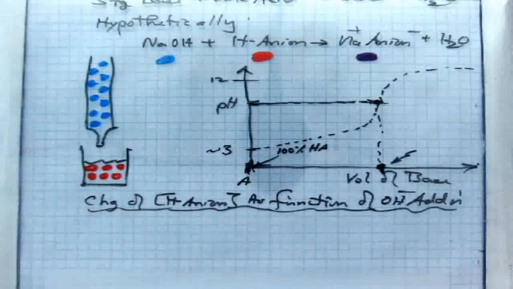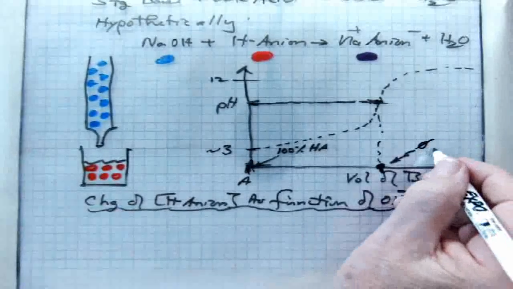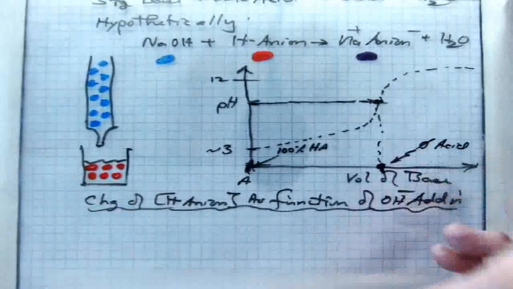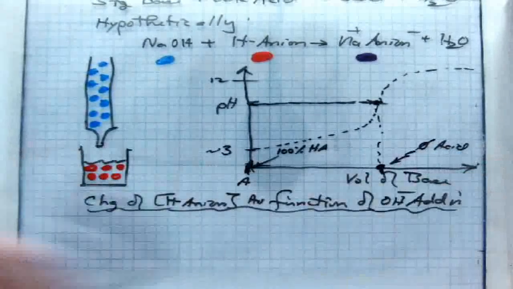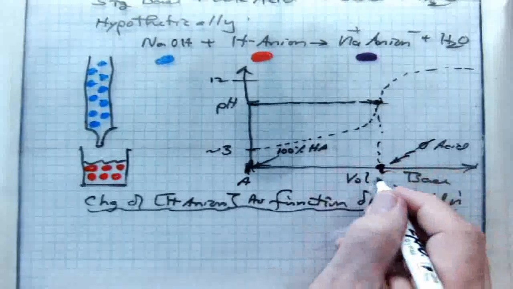And when that one drop hits, it converts one of these to a salt. So we have less acid. So we're going to start moving up this graph toward the equivalence point.